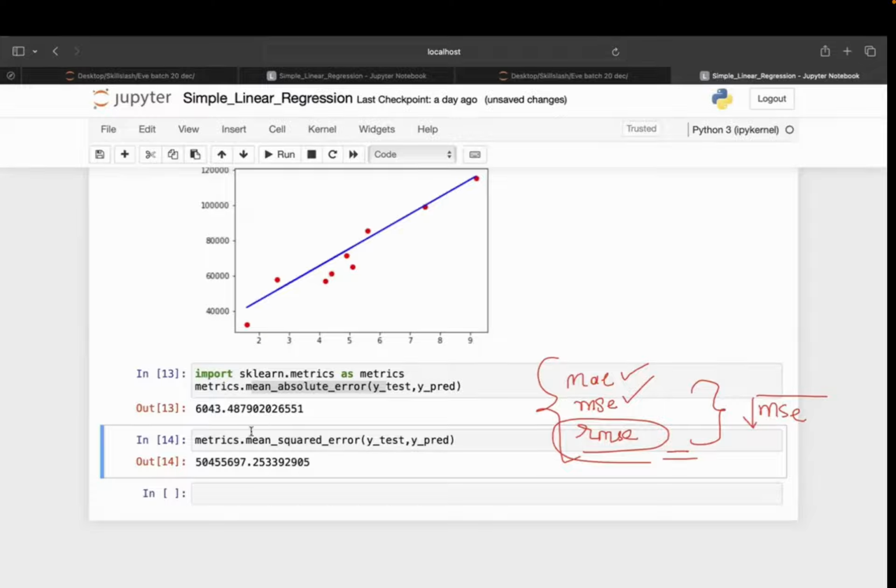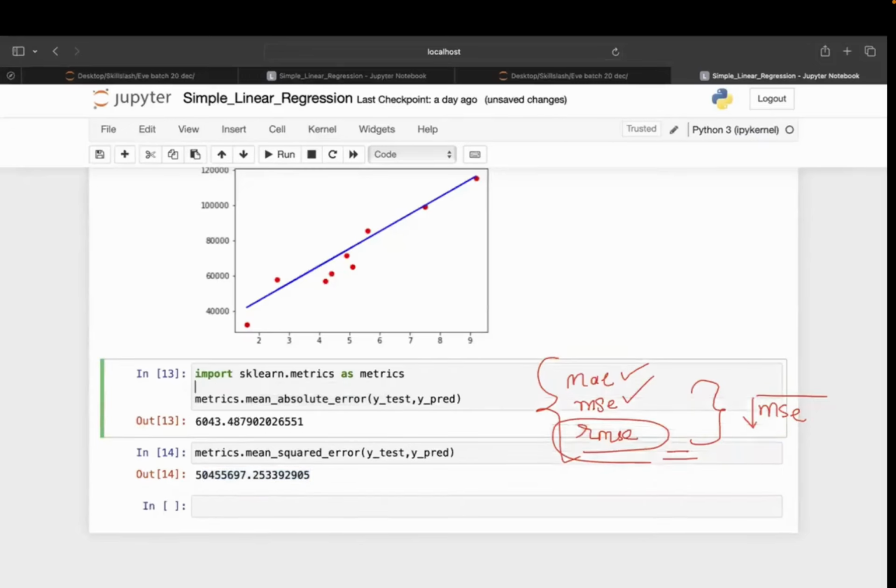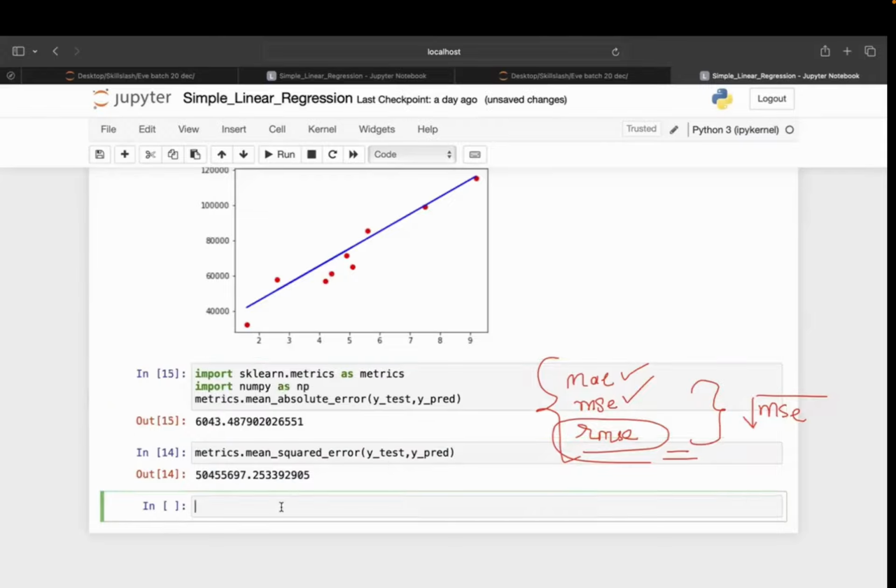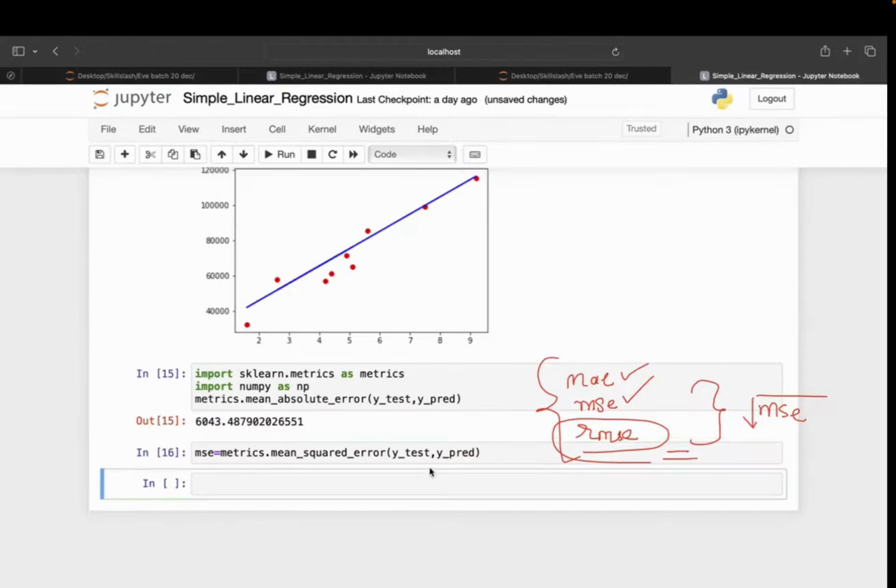Okay, so since we have the mean squared error like this, I am going to take the root over this mean squared error. It will give me root mean square. I can do this with the help of the math module, or you can also take the help of numpy. So simply I am importing numpy as np, and I am storing this inside the variable MSE.